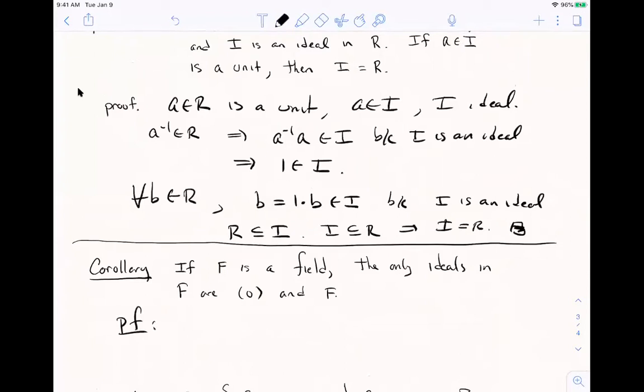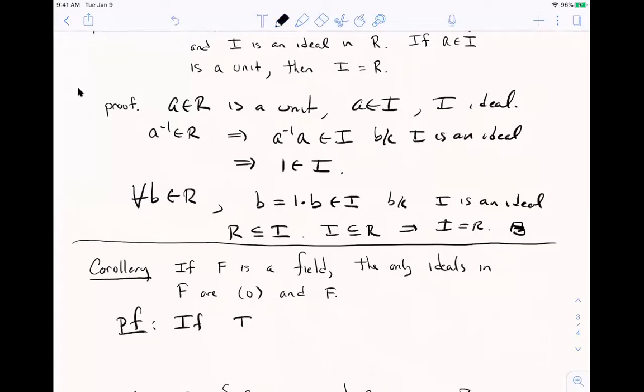fields don't have very many ideals. Remember what a field is? A field is a ring in which every non-zero element is a unit. I'm going to leave this as an exercise to you, but the zero set, the set containing only the additive identity, and the entire ring, those are always ideals in a ring. So in particular, a field has those two, but this corollary says those are the only two.